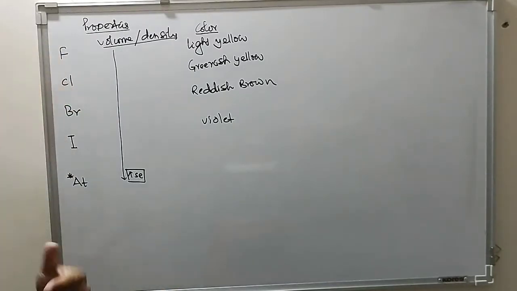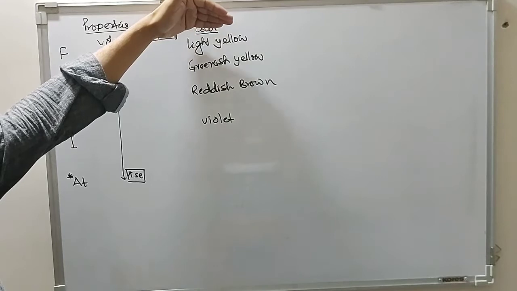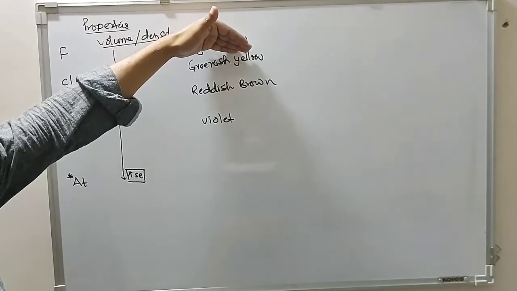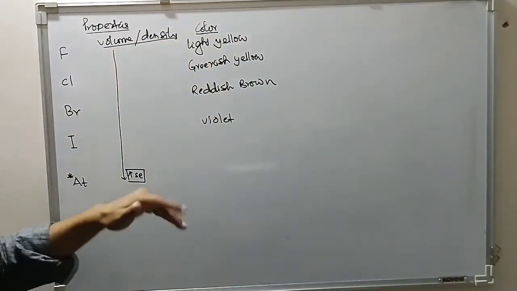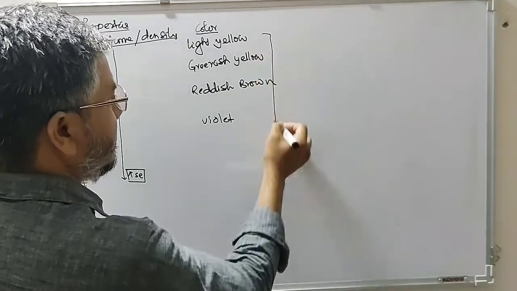So if you look at this, fluorine, light yellow, yellow, greenish yellow, reddish brown or violet. If you look at this, intensity of color increases.